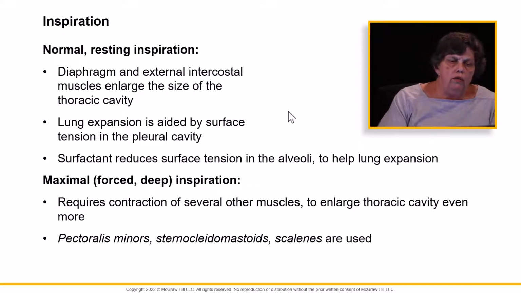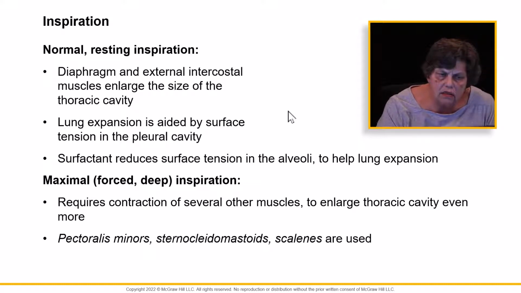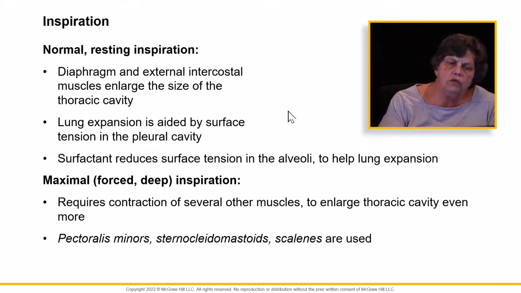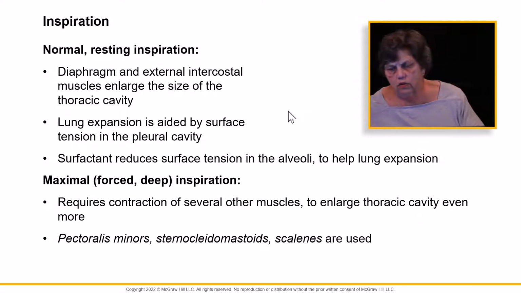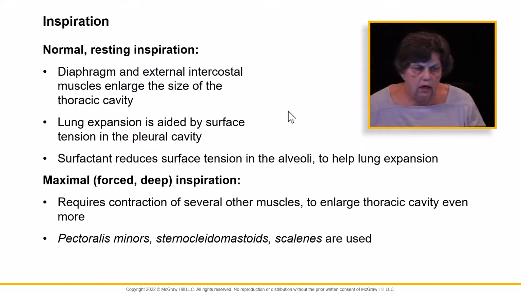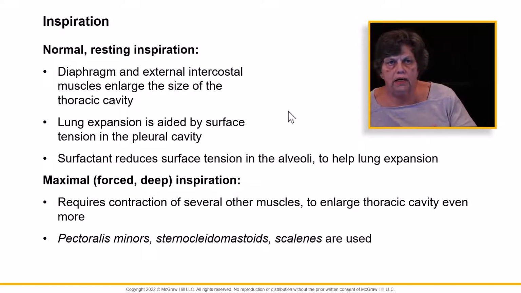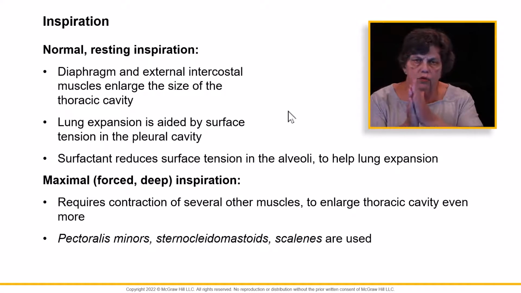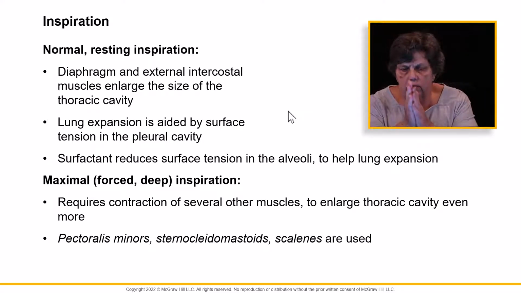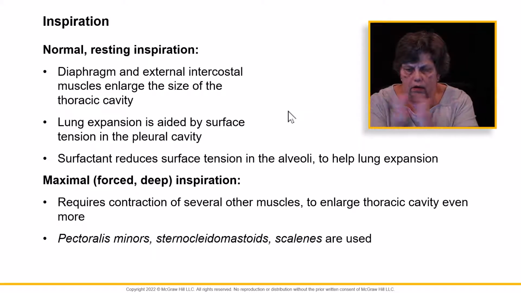The one thing that we have to think about is we have a protein called surfactant that allows us to reduce the surface tension in the alveoli, which allows the lungs to expand. I'm going to wet my hand a little bit here with my drink, and I'm going to rub the hands together a little bit. Need a little more. But surfactant, water has a high surface tension. And so when you rub these, I don't know if you can hear it.